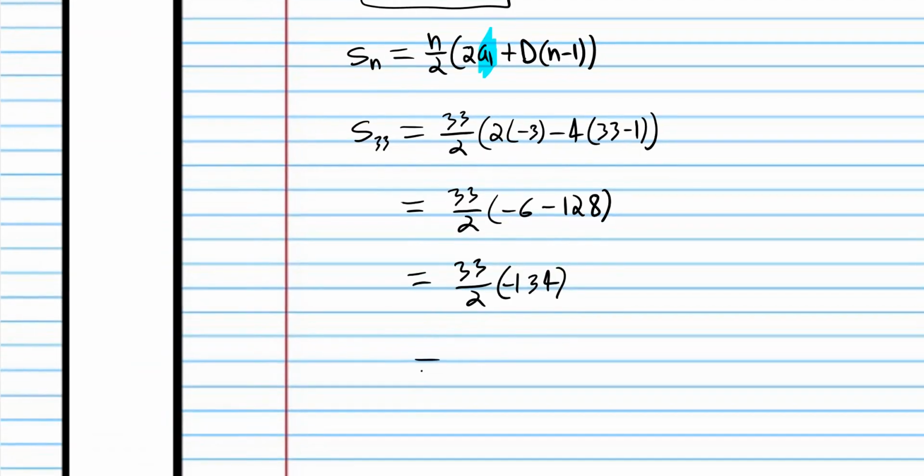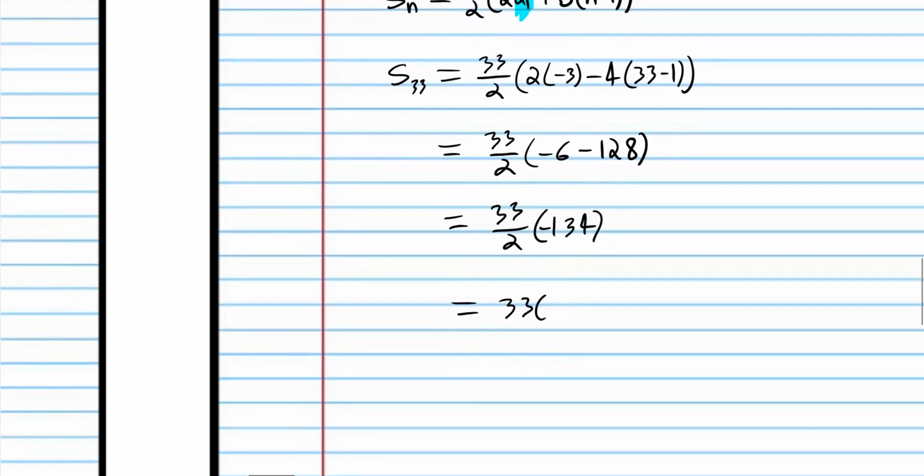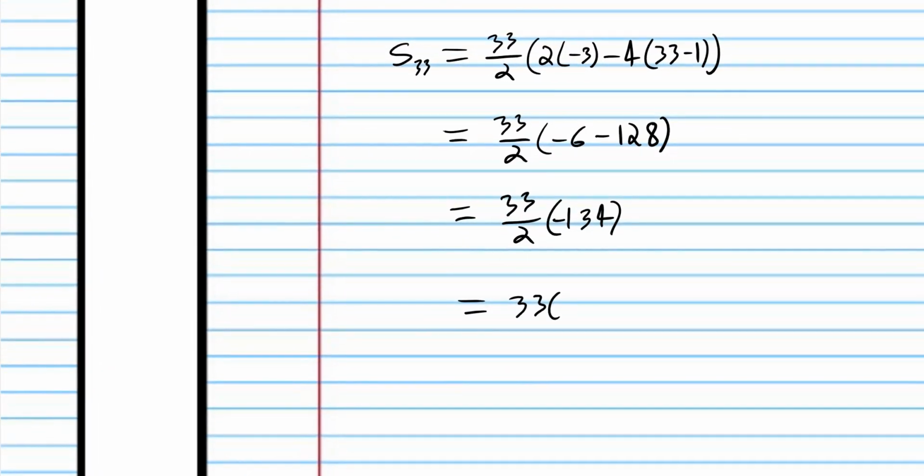And if we simplify that, we get 33 times negative 67. 134 divided by 2 is 67, and negative 67 times 33 is negative 2,201.